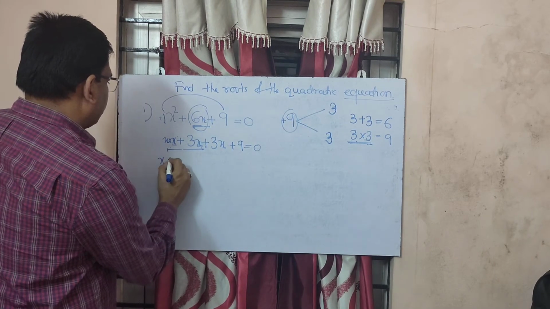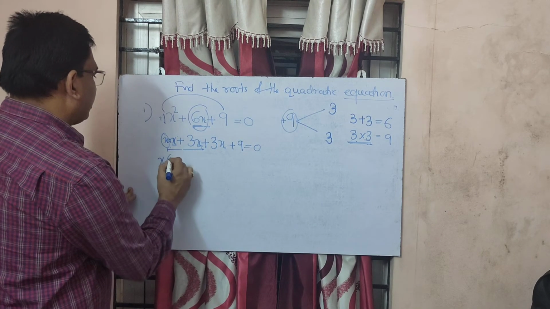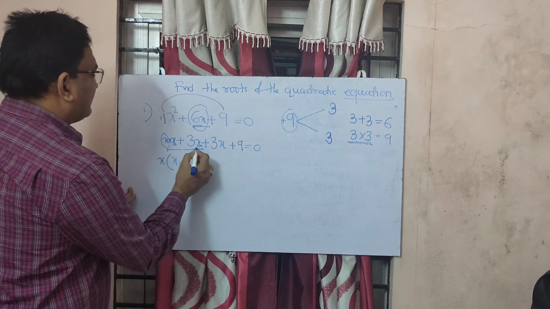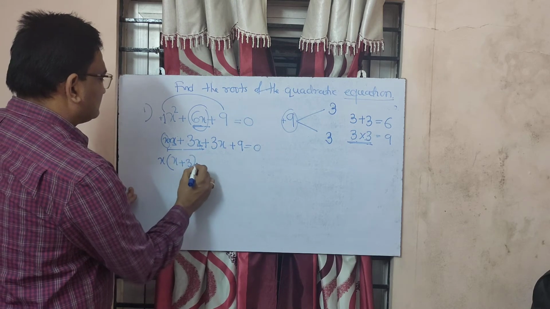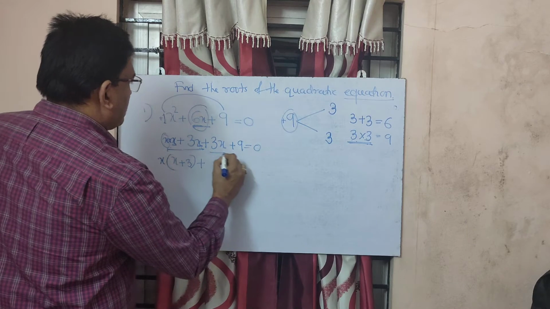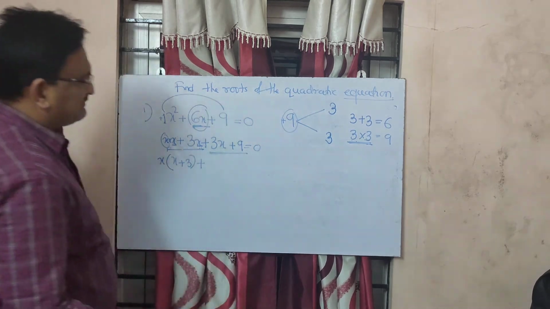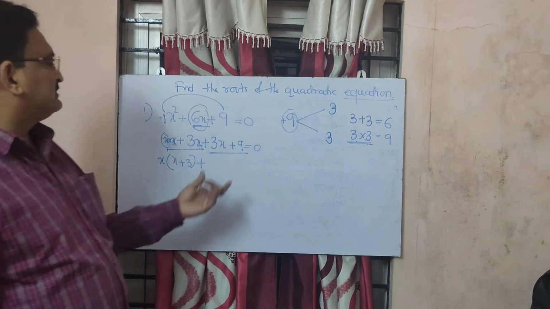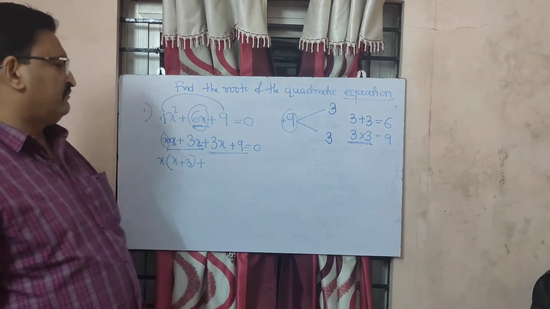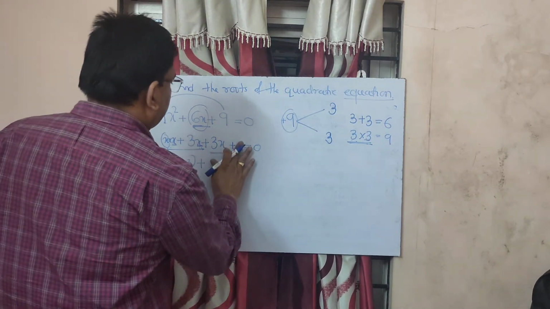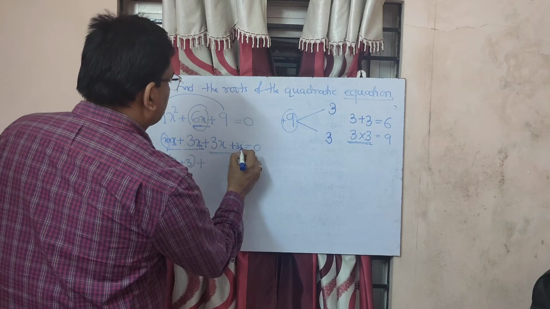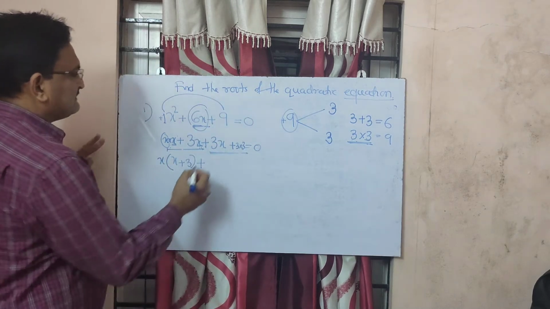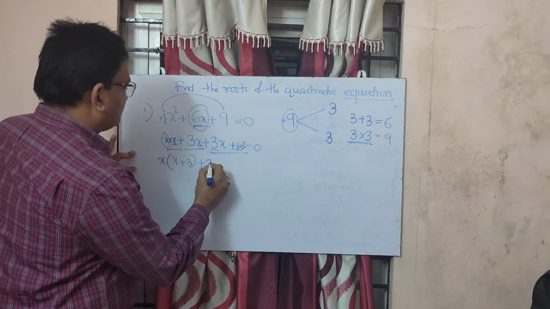So take x common. What remains here? x remains. We have taken x here. What remains? 3 plus. Now here the other two terms are there. So what is common between them? Now 9 can be written as 3 into 3. So you can see the 3 is common here. Write 3.